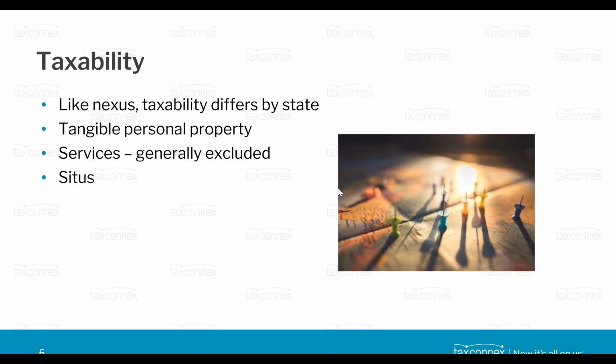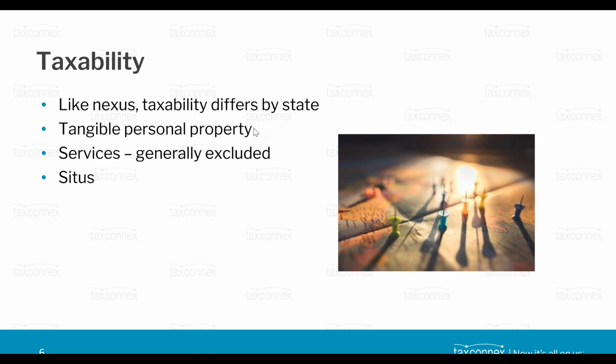So it's a cautionary tale that once you start to grow and your business starts to expand, particularly in today's environment, from a revenue perspective, you can find yourself fairly quickly involved in having to manage to certain sales and use tax laws across the country.